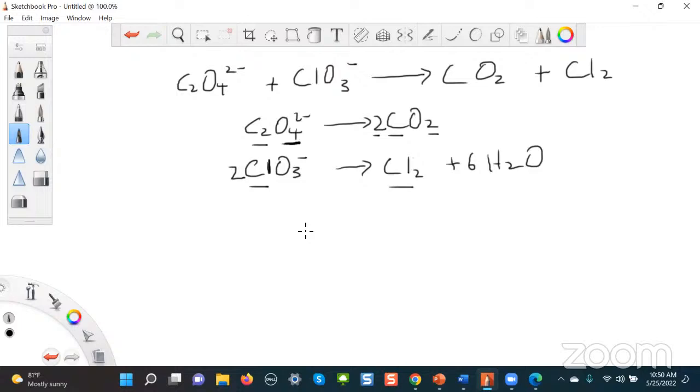Okay, so what's the next step? We figure out the electrons. No. We have to balance something first before we balance the charges. You balance the hydrogens. Okay, very good. So what does that mean for the first half equation?